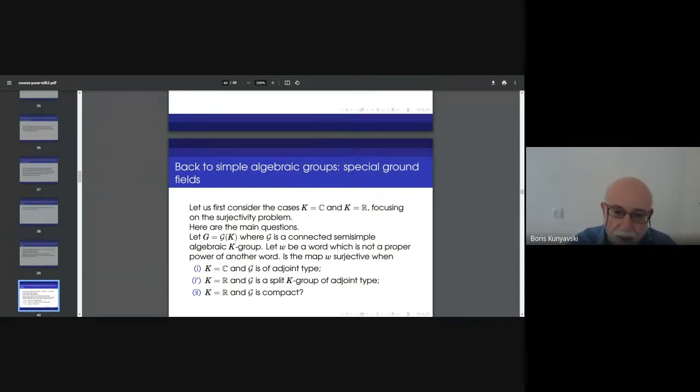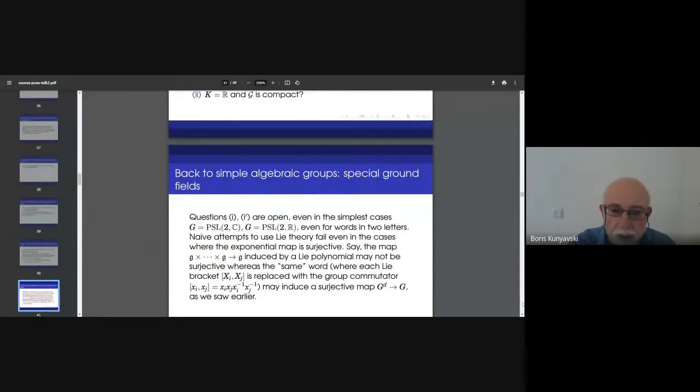So in the first two cases, 1 and 1 prime, the question is open in each of the versions, even in the simplest cases. Say PSL2(C), PSL2(R), even for words in two letters. So in general, nothing is known.